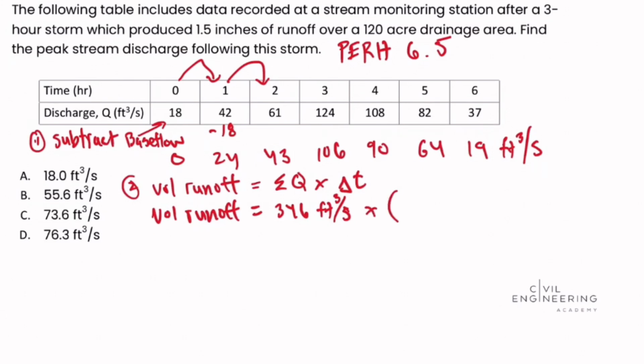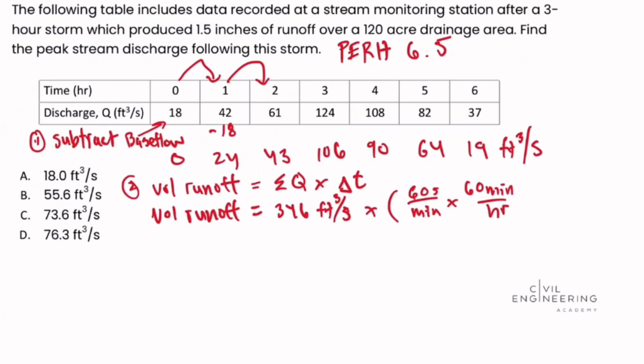We know that the time step interval is 1 hour, but we need to do our unit conversions because we're given the discharge in cubic feet per second. So we take 60 seconds per minute, multiply that by 60 minutes per hour.